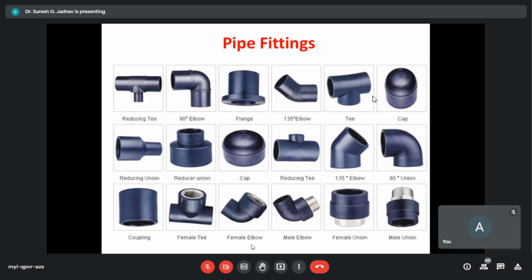So with the help of this T and crosses for making branch line connection at 90 degrees, see, all are 90 degrees. So here we can form the branches with the help of T and crosses, so that we can consider different branch line connections at 45 degrees, 90 degrees.